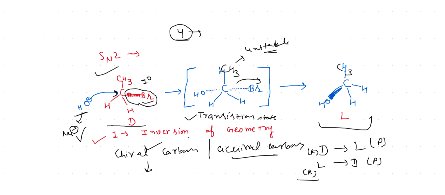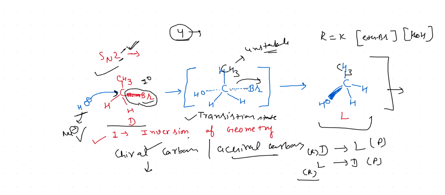In this SN2 mechanism, the rate of reaction depends upon the concentration of both reactants, ethyl bromide as well as KOH, as this whole mechanism happens in a single step. The 2 here is used because the rate of reaction depends upon 2 reactants.